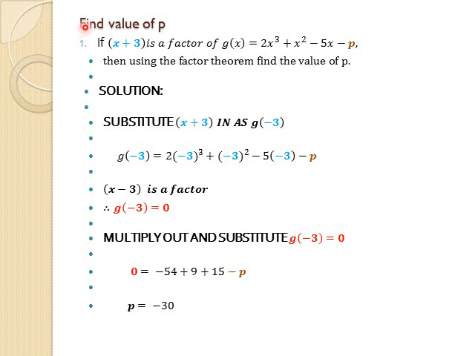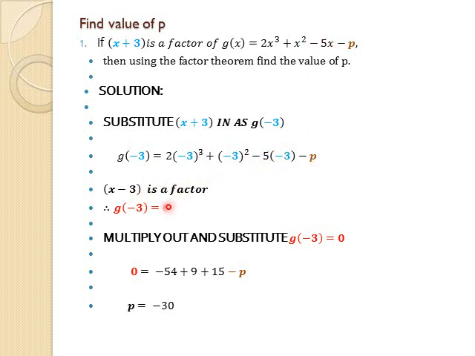Factor theorem, finding unknowns. Find the value of p if x plus 3 is a factor of g of x equals x cubed plus x squared minus 5x minus p. So using the factor theorem, I'm going to substitute x equals minus 3 in. So g of minus 3 becomes negative 3 cubed plus negative 3 squared minus 5 times negative 3 minus p.